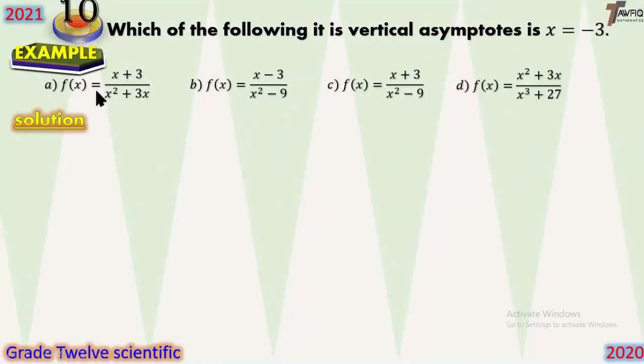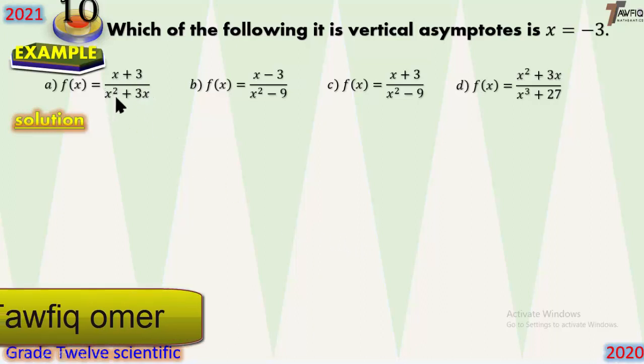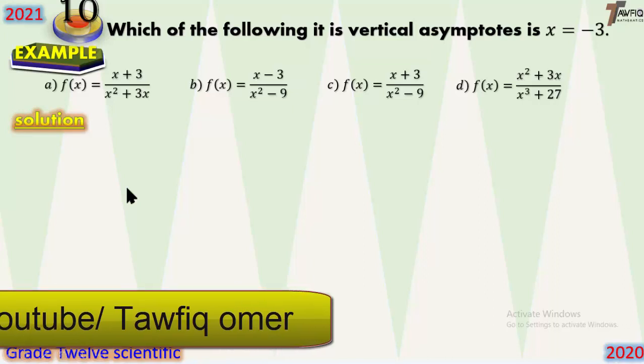Example number 10. Which of the following has a vertical asymptote at x equals minus 3? You can find it, as we said before, by setting the denominator equal to 0 and solving the equation.